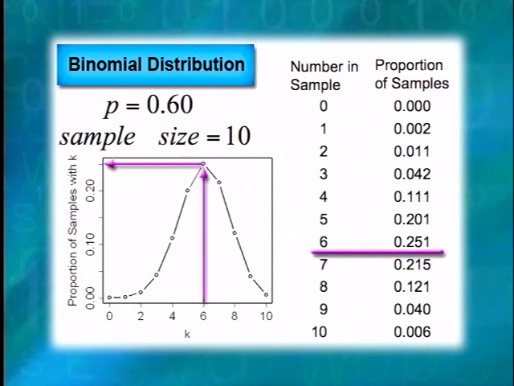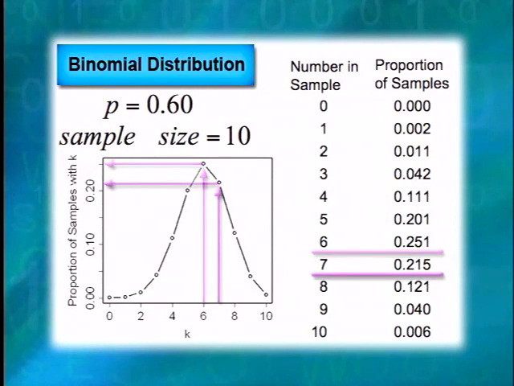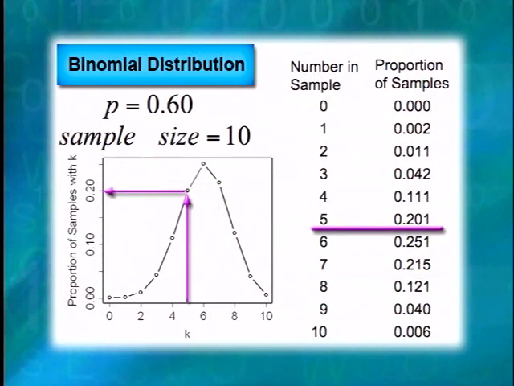There'd be about 25% of the samples of size 10 would have exactly 6, but 7, we'd have about 22% would have exactly 7, and we'd have about 20% that have exactly 5 among samples of size 10. And here we actually have them.